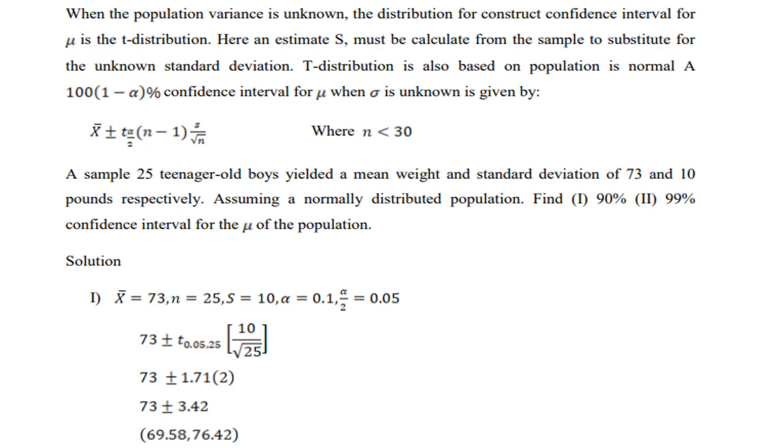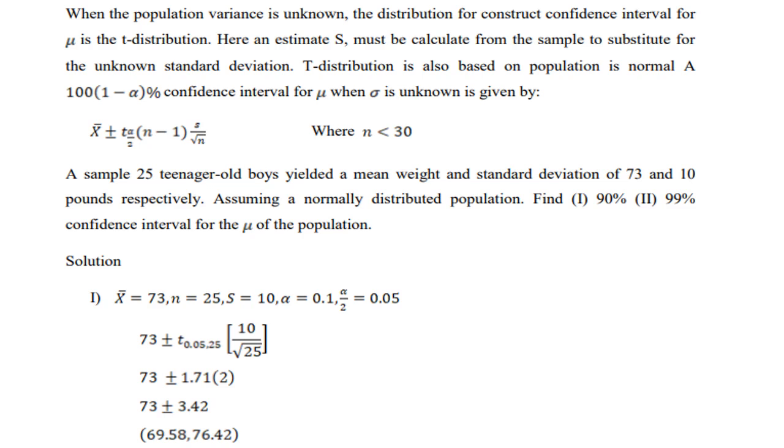Now for unknown population variance, we use x bar plus or minus t alpha over 2, n minus 1, s over root n, where our n is less than 30.